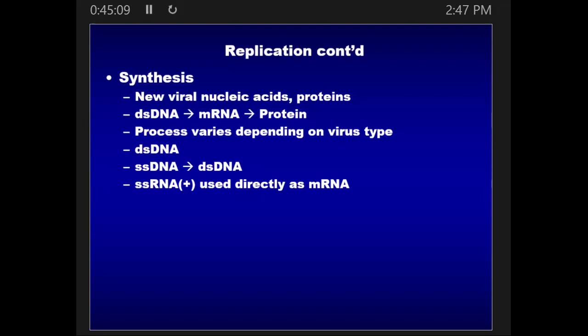By convention, if it's called plus RNA, that means you can use it directly as messenger RNA. You can translate off of that and get your proteins made. So that's our jargon: if we say it's a plus strand, then you can take that plus RNA and translate it into protein.